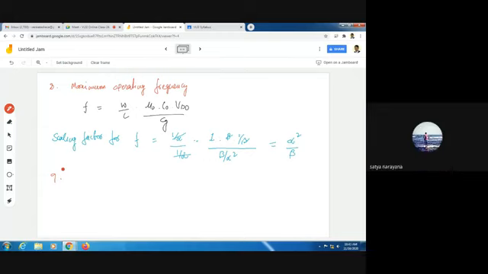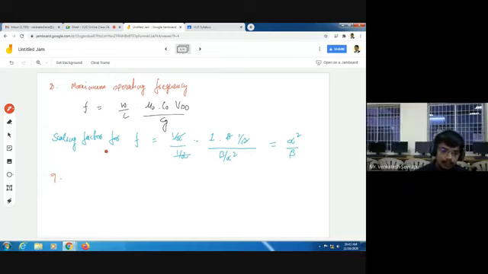Yes sir. Next one is the saturation current. Scaling factor for saturation current IDSS. I will give the formula for IDSS. All of you find the scaling factor for IDSS.